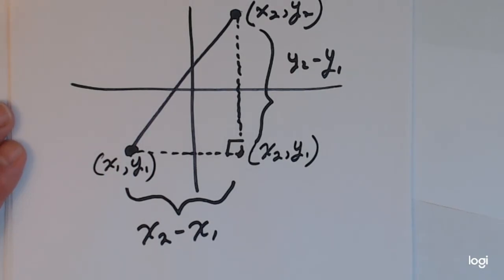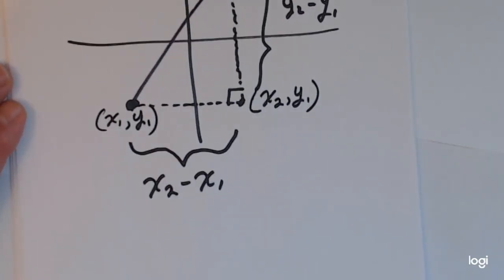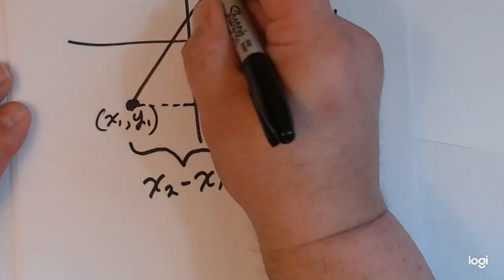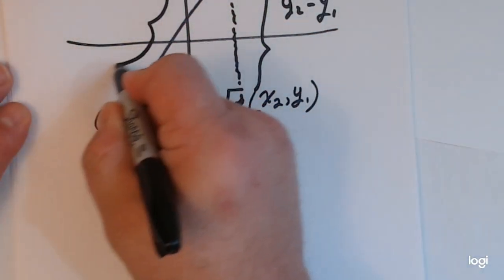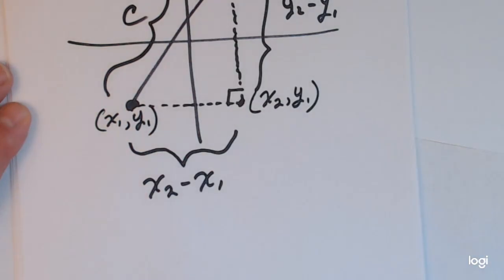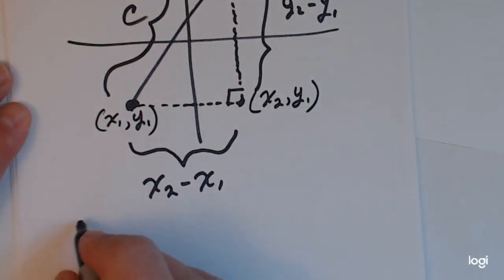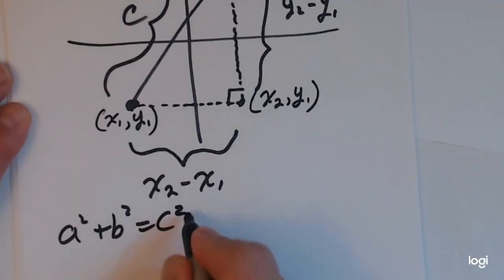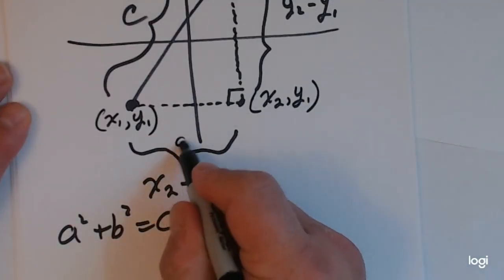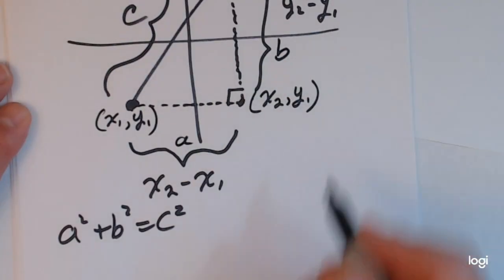Now, if we were using the Pythagorean theorem, and we called this c, we would have a squared plus b squared equals c squared, right? We could call this a and this b.